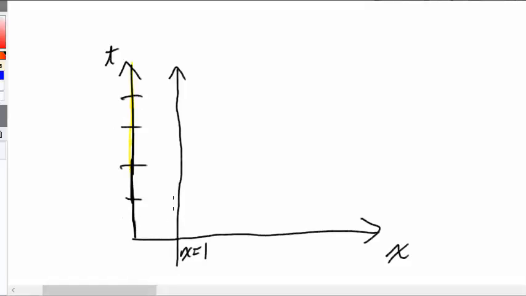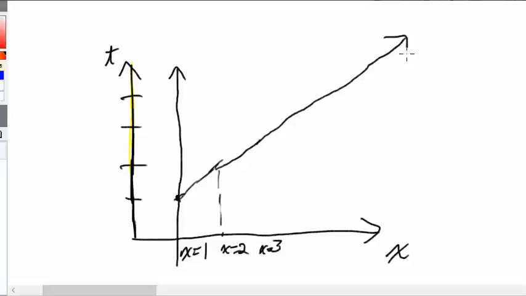If in 1 hour I decided to stand up and move forward, I would eventually get to x equals 2 into the living room, x equals 3 out the front door, x equals 4, 5, 6, all the way to the coffee shop, where I would stop.